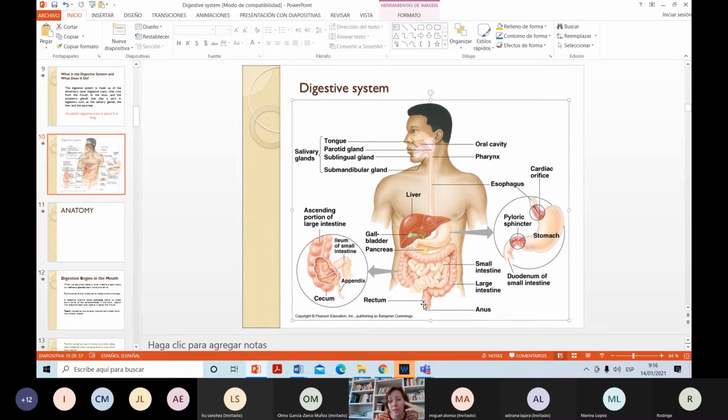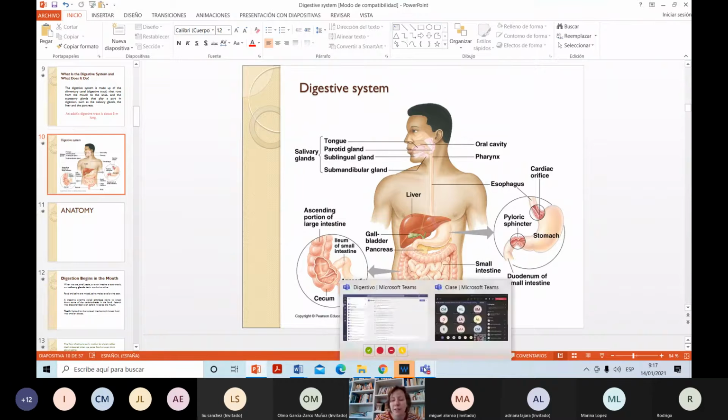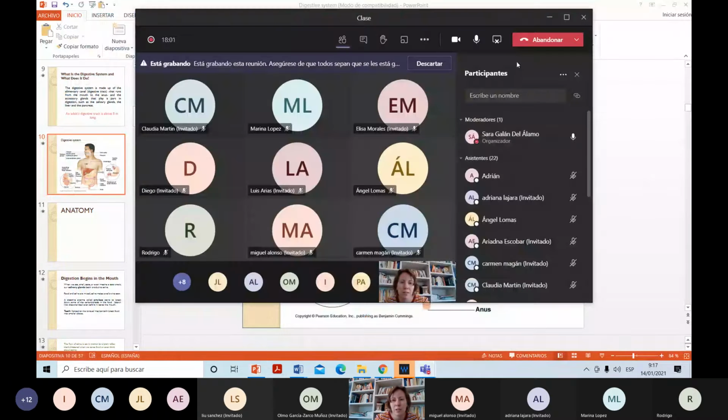We saw everything in class, so you're supposed to know everything from this digestion. You've got it in your book from pages 37 to page 41. But if you've got any doubt, it's time to ask it.